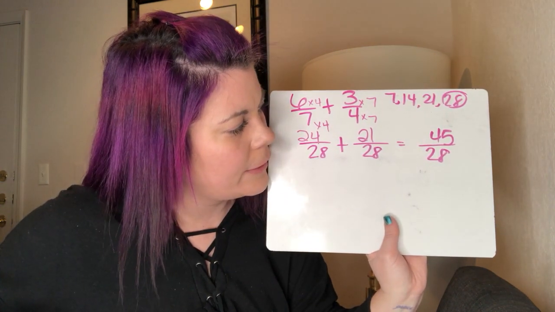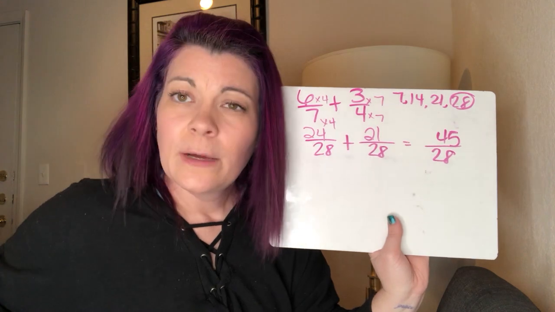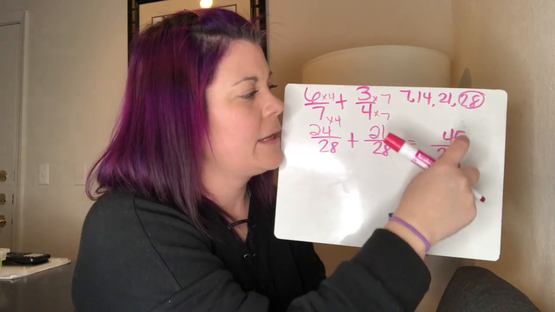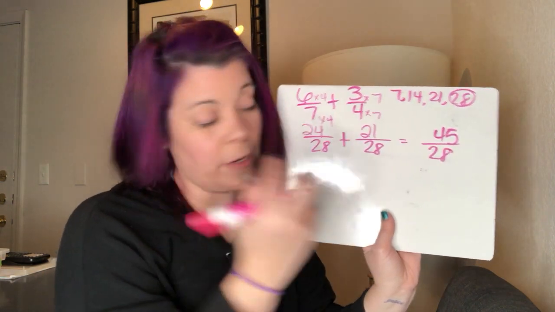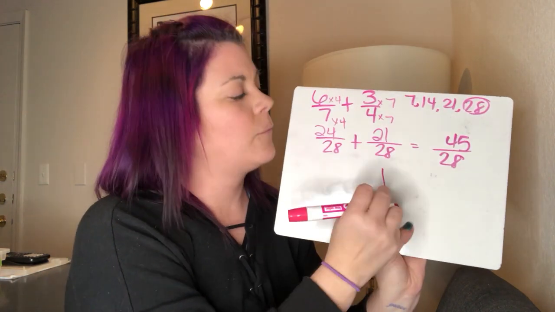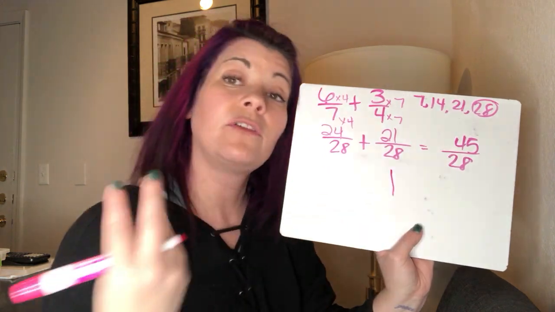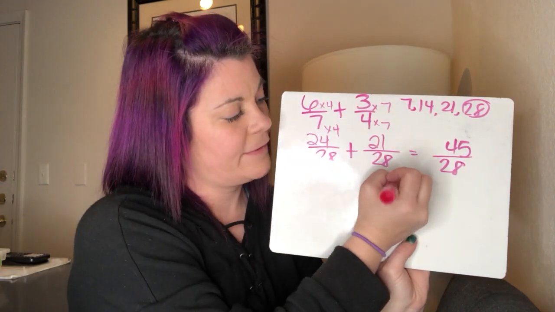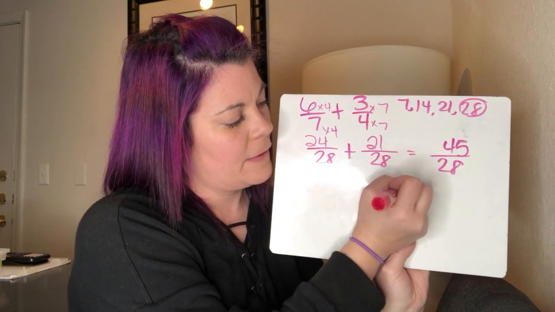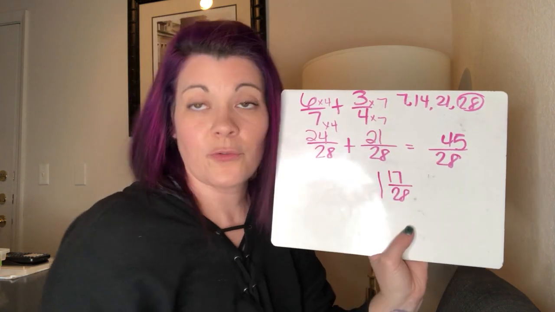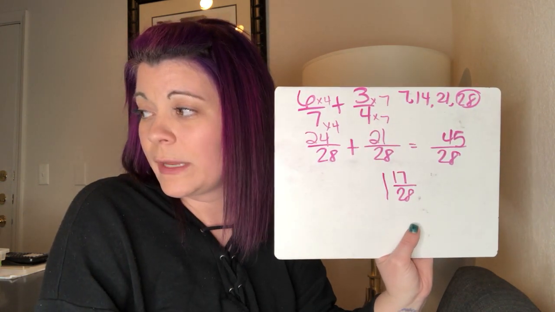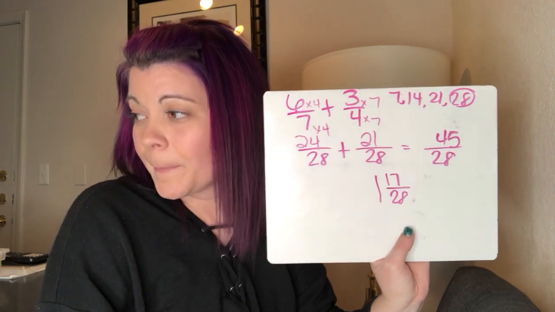Reducing wise, I don't see a number that goes into it, but we can change it to a mixed fraction first and then reduce it as well. 28 goes into 45 one time. And then 1 times 28 is 28. If you did 45 minus 28 to see how much is left over, you would get 17 and then over 28. And 17 over 28 doesn't reduce, so we know we reduced it. So our answer is 1 and 17/28.